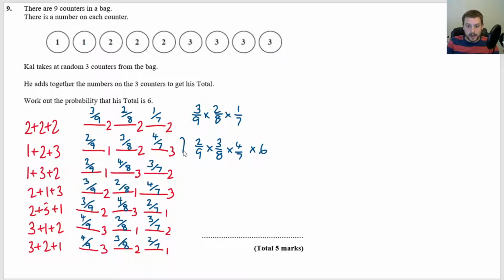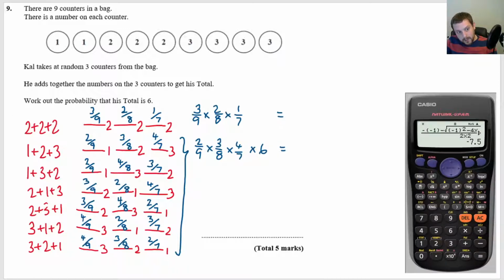So that's kind of like all of those added up. So we'll get the calculator out and we'll see what these add up to. On the top I'll have 3 times 2 times 1, and on the bottom I'll have 9 times 8 times 7. So that's 1/84 goes there.